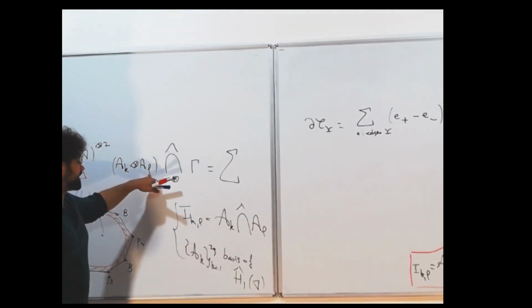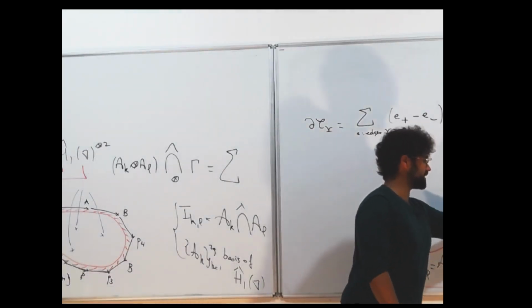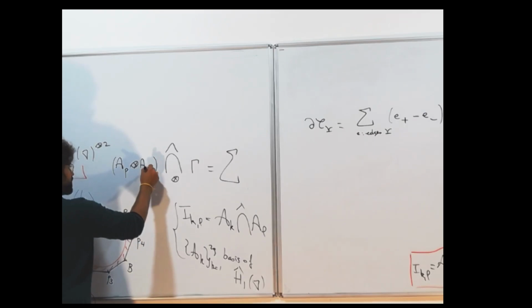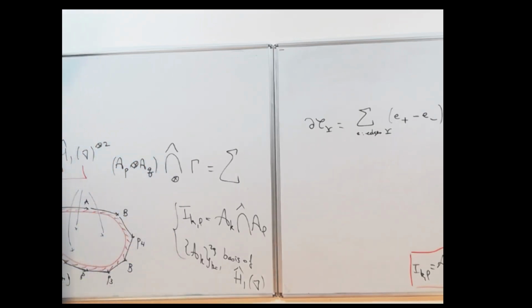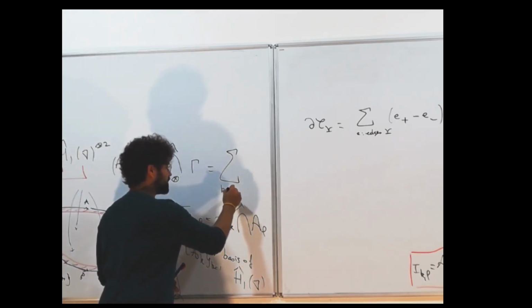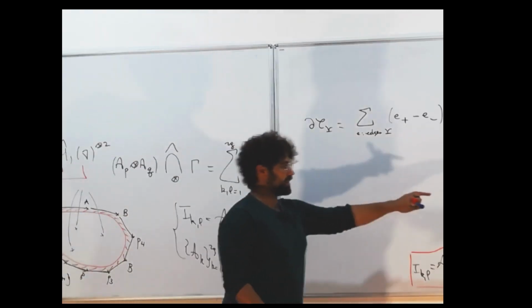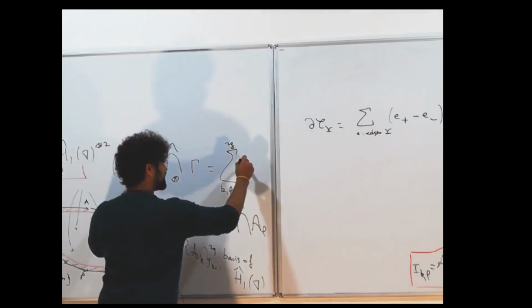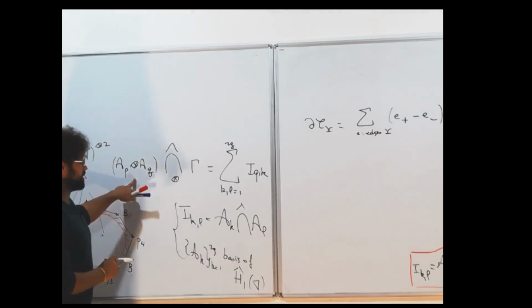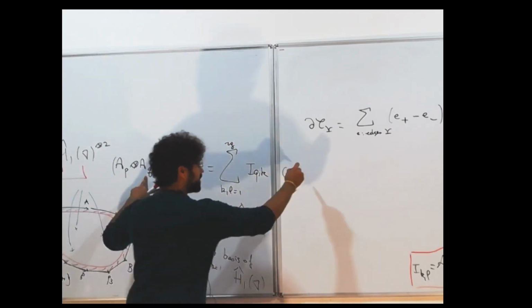So we have KL, where K goes with the first index. Actually I'm going to write them P and Q. So we have the sum over K and L from 1 to G, then we have AP intersected with AK, so that's I_PK, then we have C_KL, and then we have I_QL.